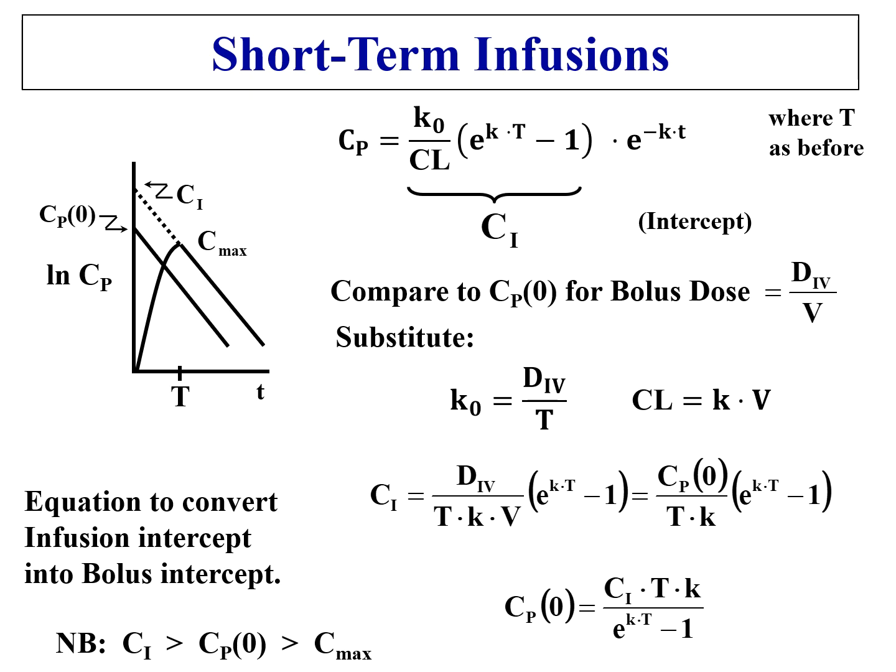So there's a brief derivation there, and we get to the equation at the bottom right. So if we want to know the bolus dose CP0, we then have the CI in there. We put in the cap T. We have to know the rate constant, the exponential term on the bottom. So this is a way of converting then. Basically, it's adjusting and recognizing what happens to infusion intercepts and also slopes.